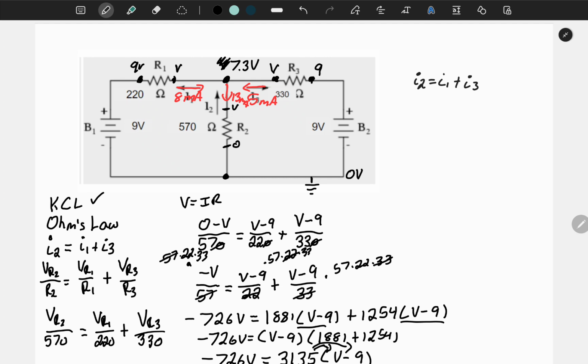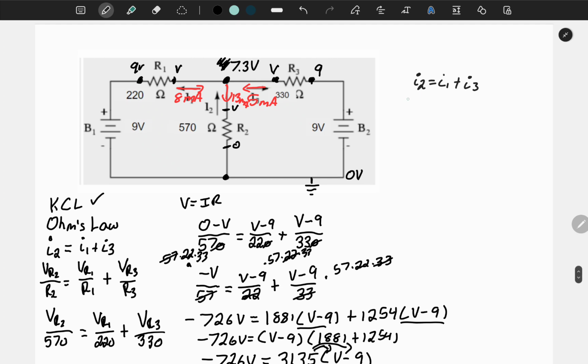So I2 is negative 13 milliamps equals I1 was negative 8 milliamps plus negative 5 milliamps. All these negative signs we can cancel out. Does 8 plus 5 equal 13? Yes, it does. It fits KCL.